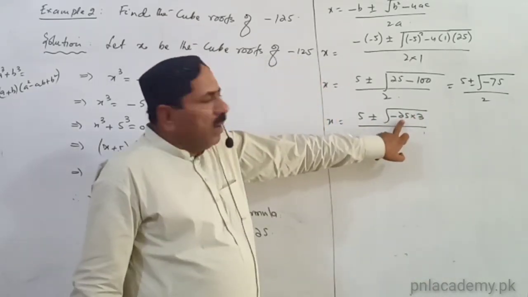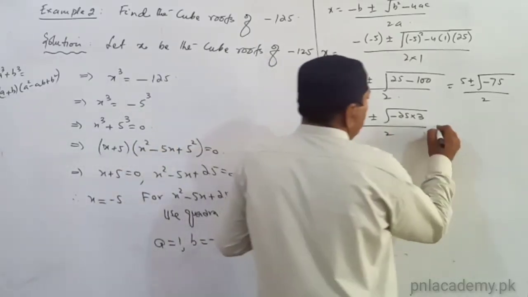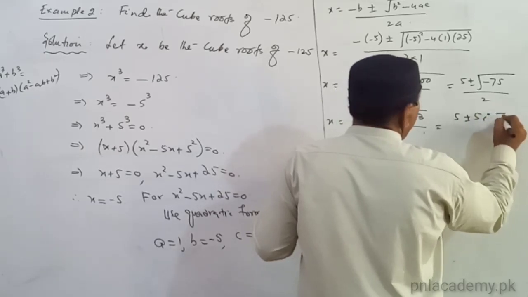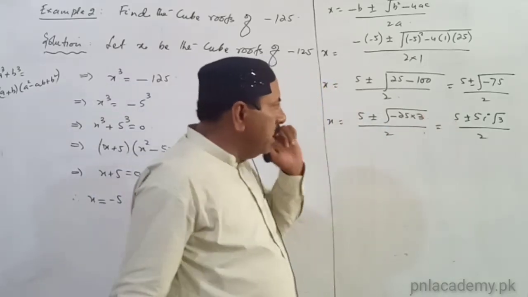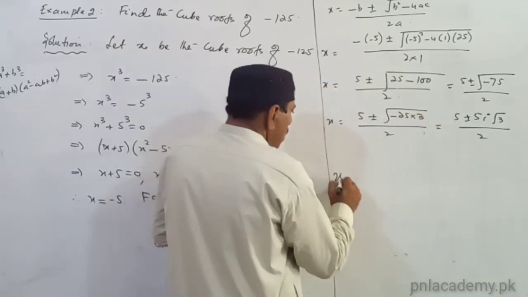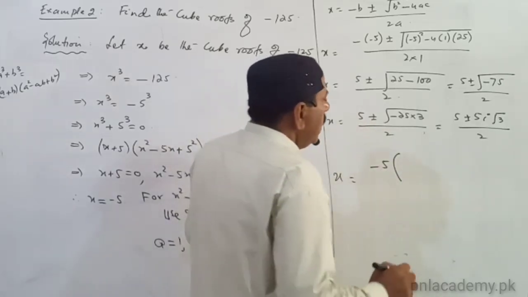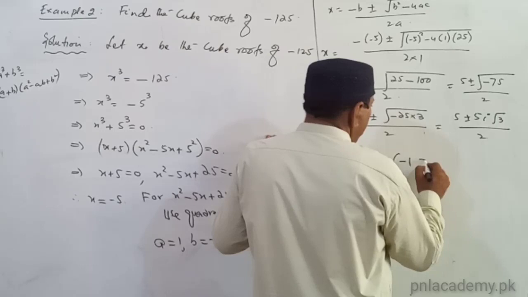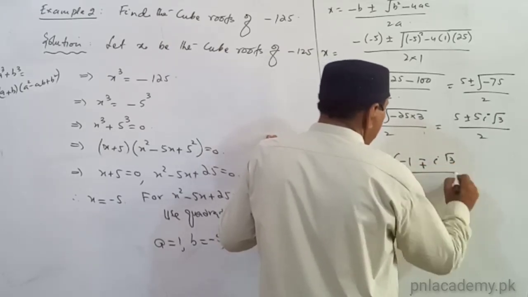The radical of 25 is 5, and radical of minus 1 is iota. So this will be 5 plus or minus 5 iota radical 3 upon 2. If we take minus 5 as common, the remaining is minus 1 plus or minus iota radical 3 upon 2.